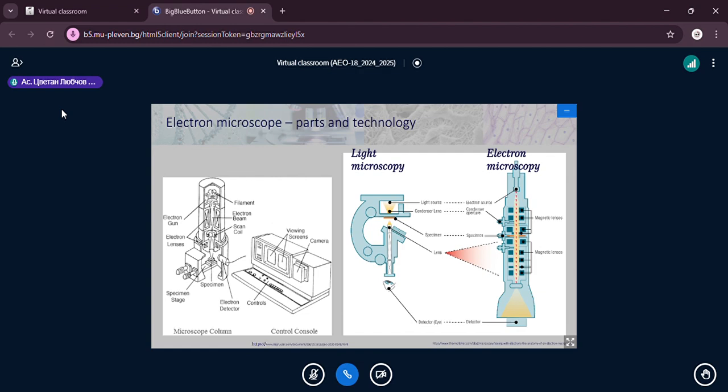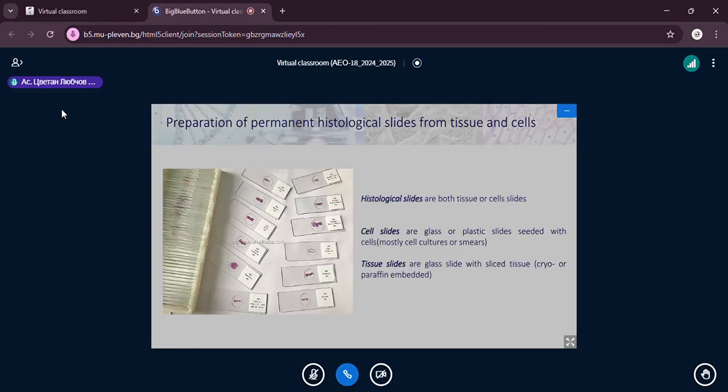Now, we use microscopes in order to analyze histological slides, guys. This is why they were invented. Histological slides can be separated into main categories. We talk about cell slides and we talk about tissue slides. What's the difference? Cell slides, you're going to see, are cells which we can culture on the slides.